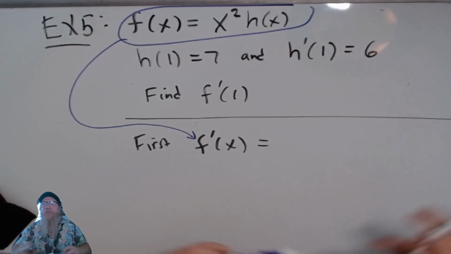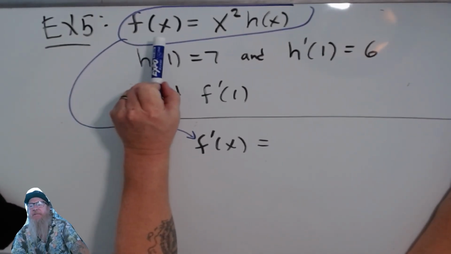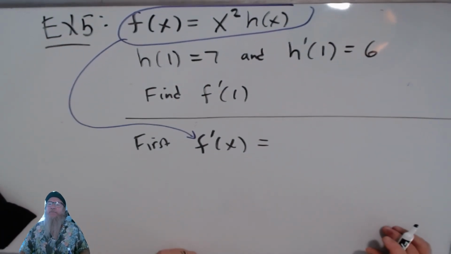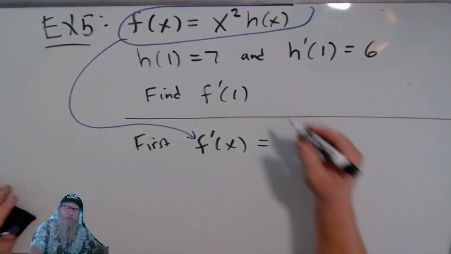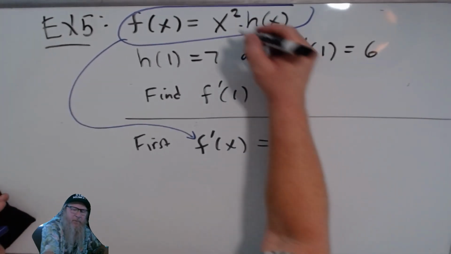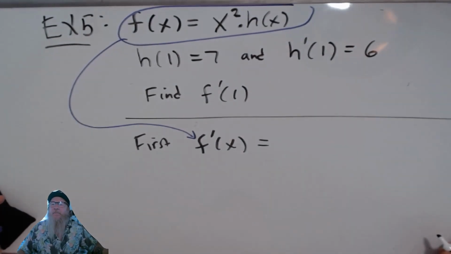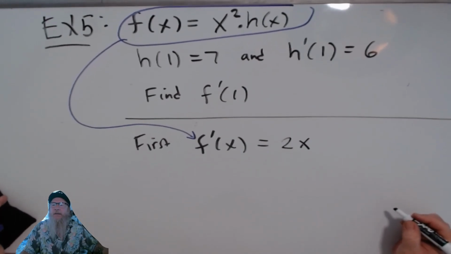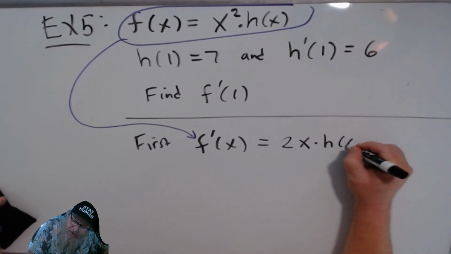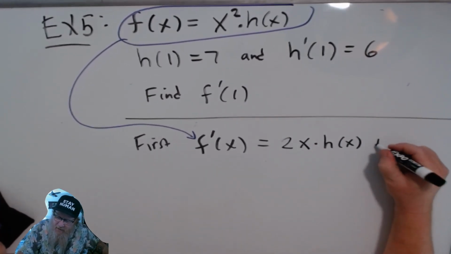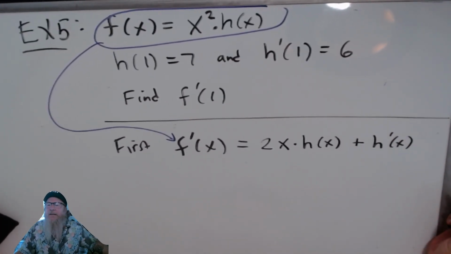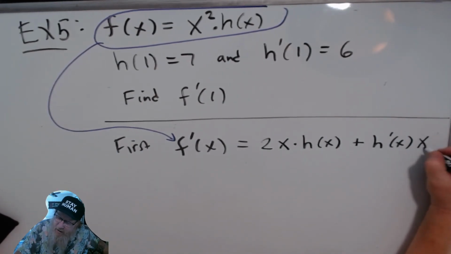So basically what we're saying is that f of x is a function that is x squared times another function. So let's use the product rule because there's a product. There's an invisible product right there. So the derivative of x squared is 2x times h of x plus h prime of x times x squared.